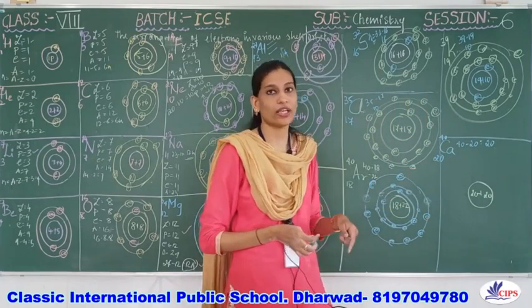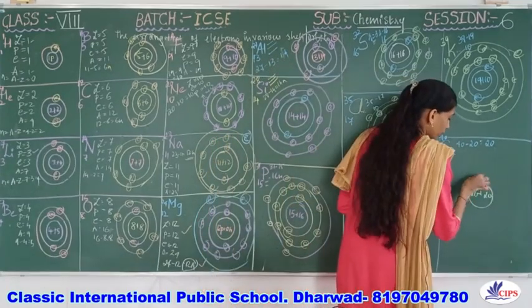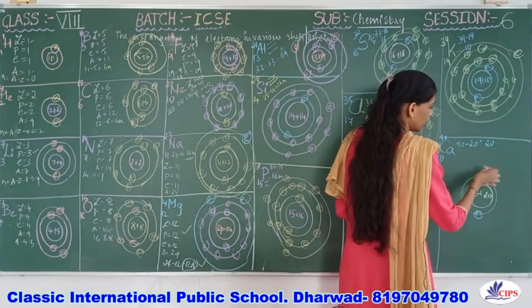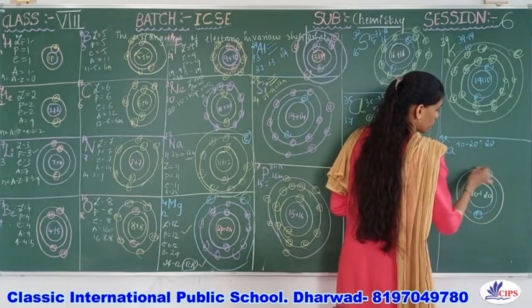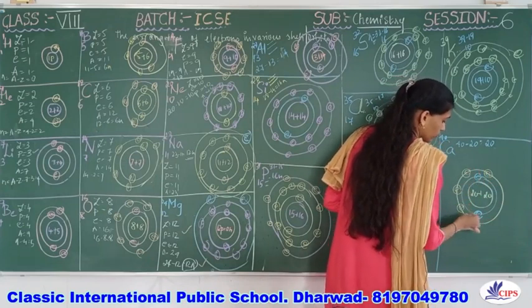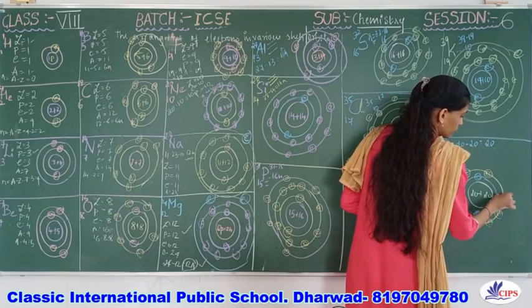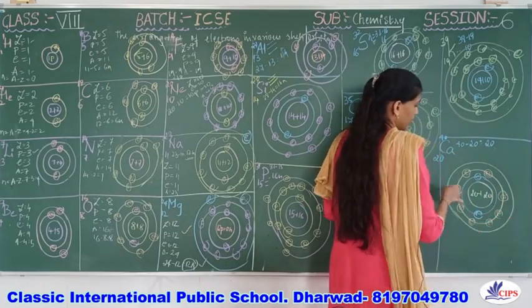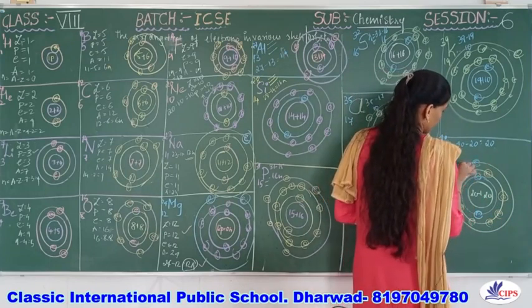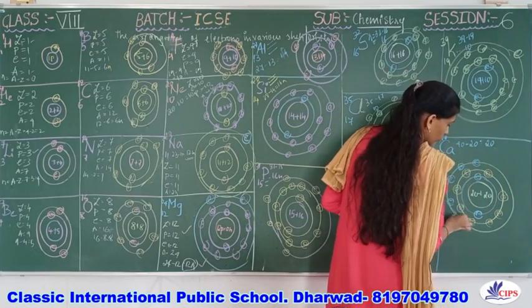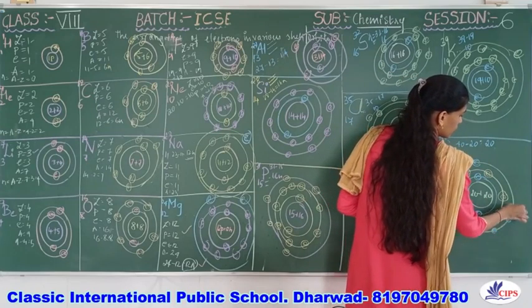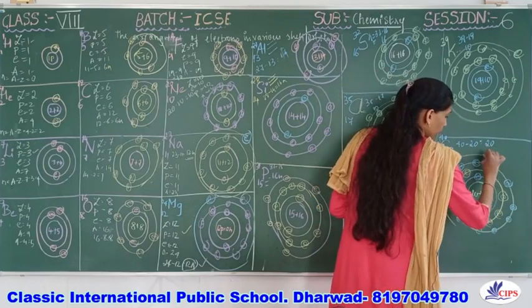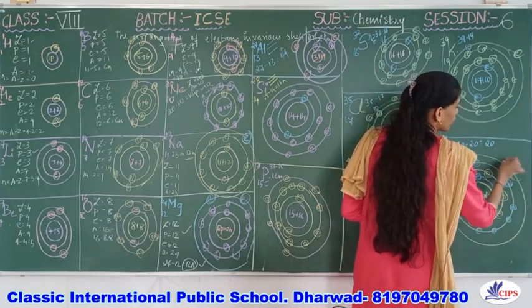We have K shell 2 electrons, L shell 8 electrons, then M shell 8 electrons, and last, the N shell, we have 2 electrons.